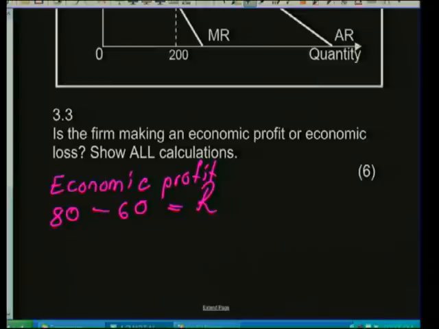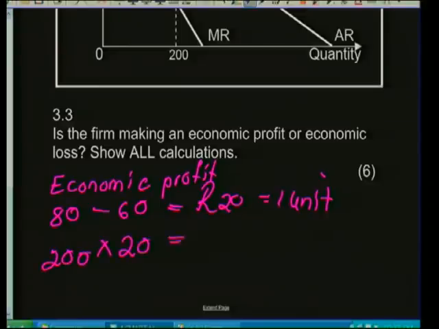And that would be the economic profit that you make on 1 unit. But as you can see in the graph, they are selling 200 units, so it has to be 200 multiplied by 20, and your answer will be 4,000 Rand. So the economic profit will be 4,000 Rand.